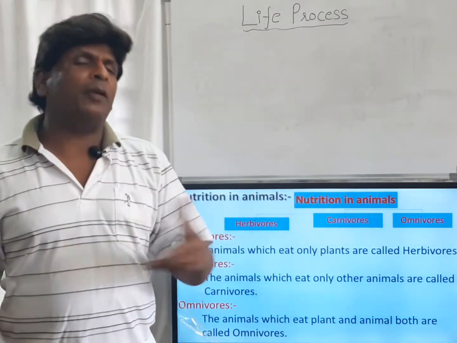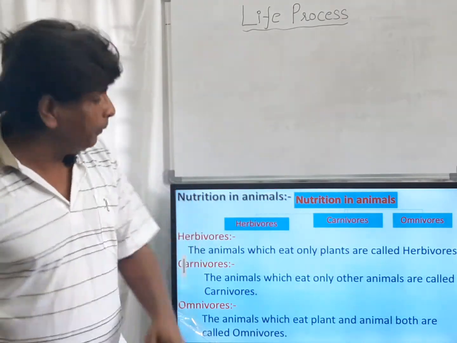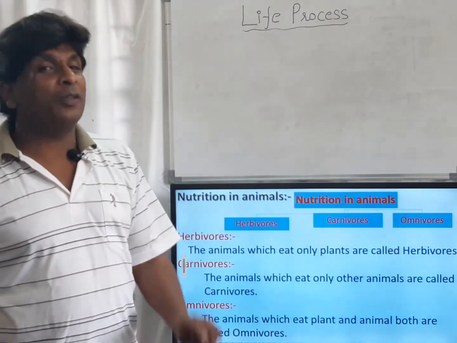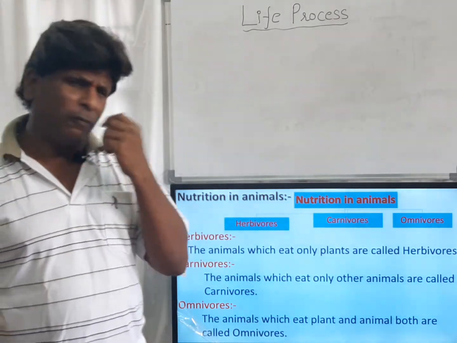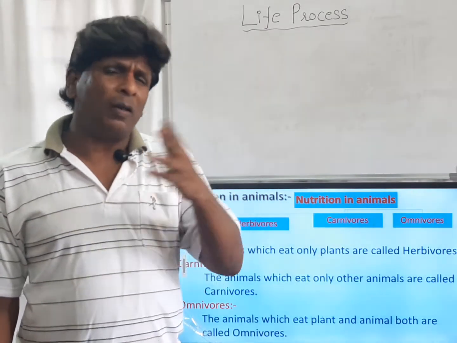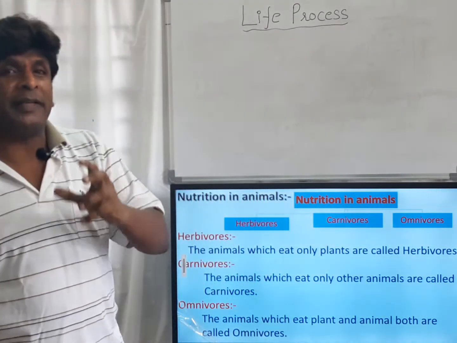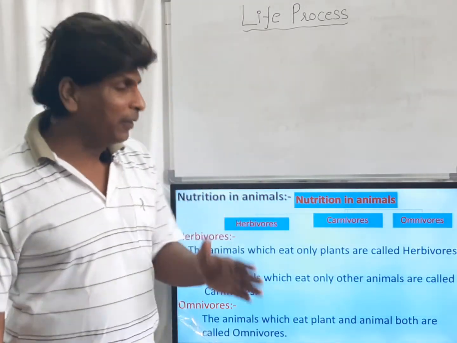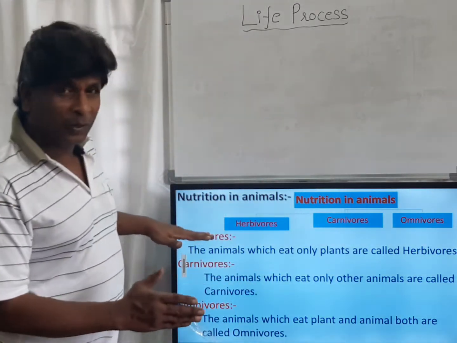Vegetarian animals are herbivorous, which eat only plants and plant products, food, fruit, and other plant-originated foods.